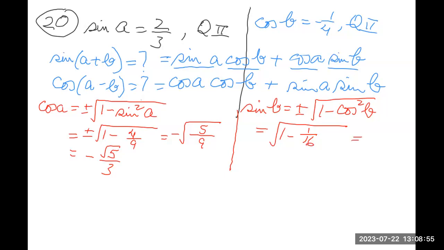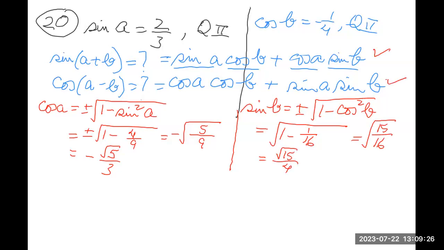And 1 minus that is 15/16, or square root of 15 over 4. So that's sine B. Once we know these two, we can go back to our identities to figure out the answer.